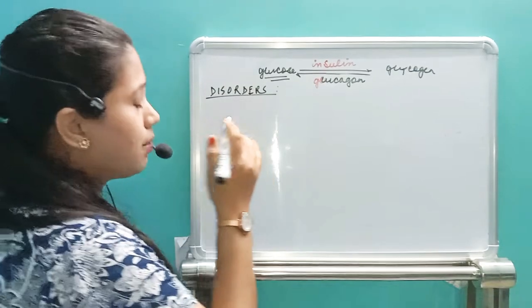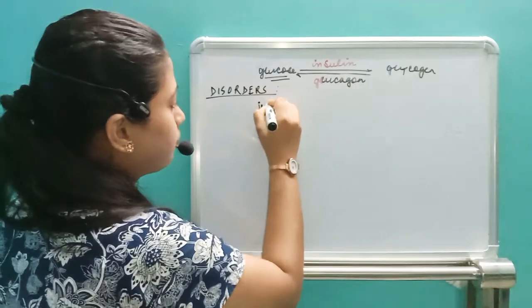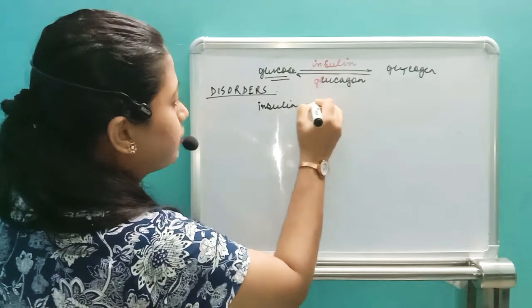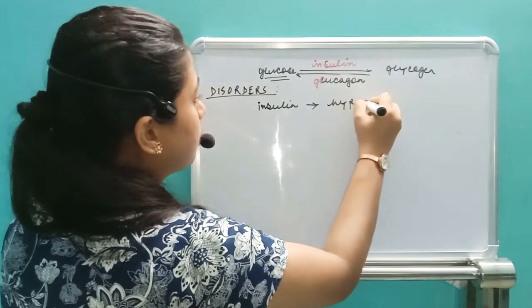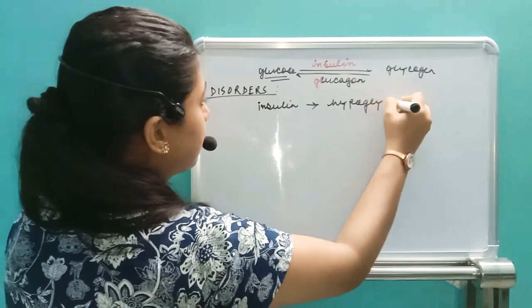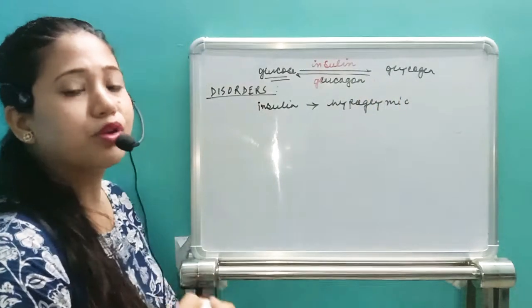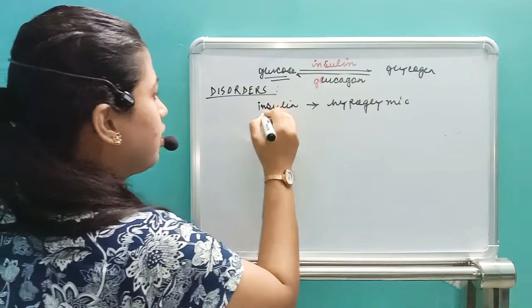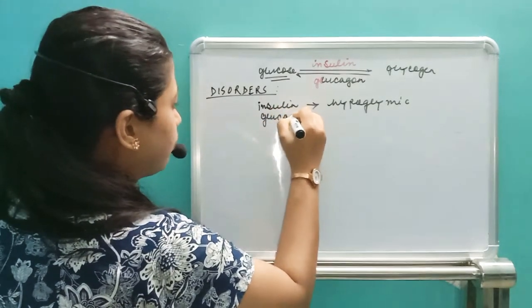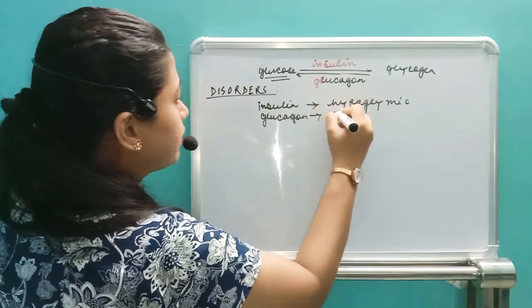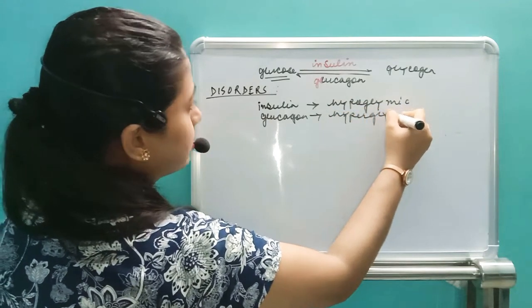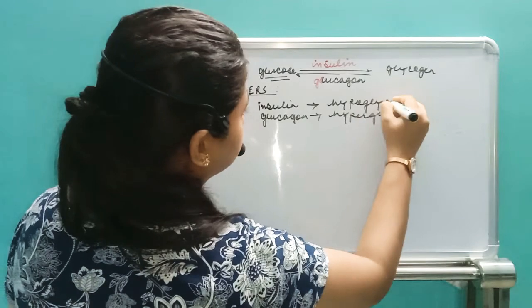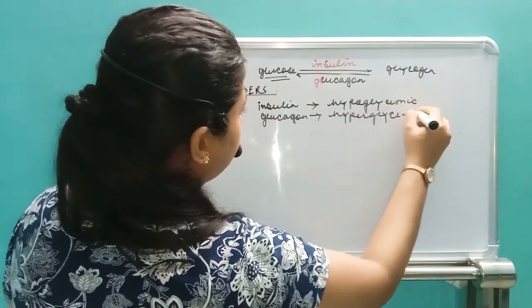So insulin is hypoglycemic in nature, and glucagon is hyperglycemic in function.